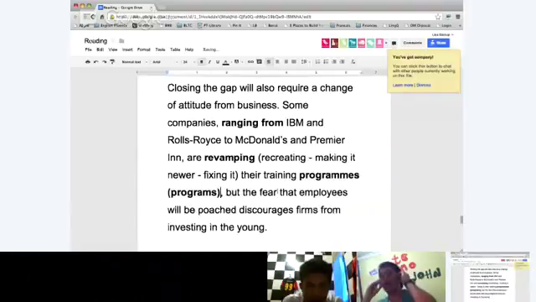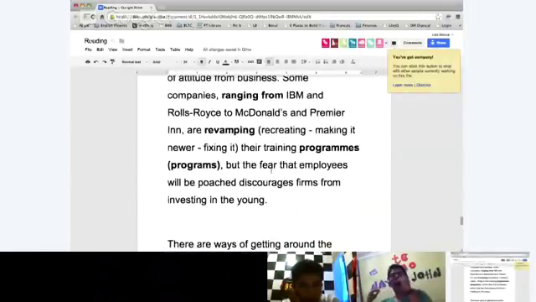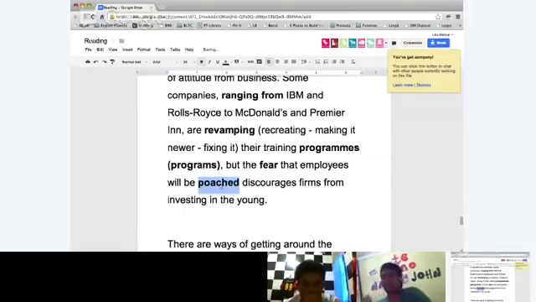But they have a fear. They're afraid that if they train you, so you go to Rolls-Royce or IBM or something, and they train you how to work, after you get trained, another company maybe is going to steal you away. You'll be poached. That means to steal.